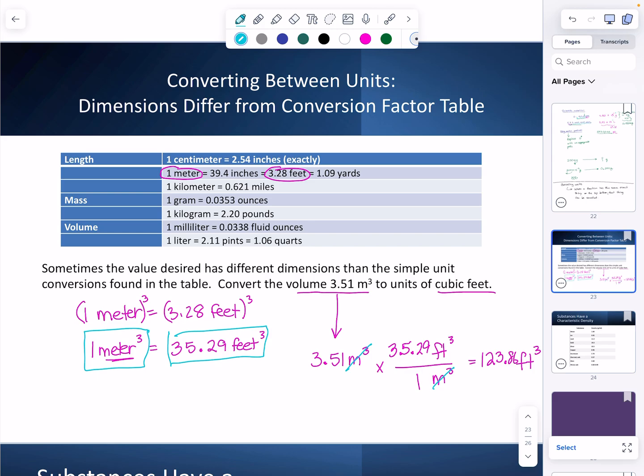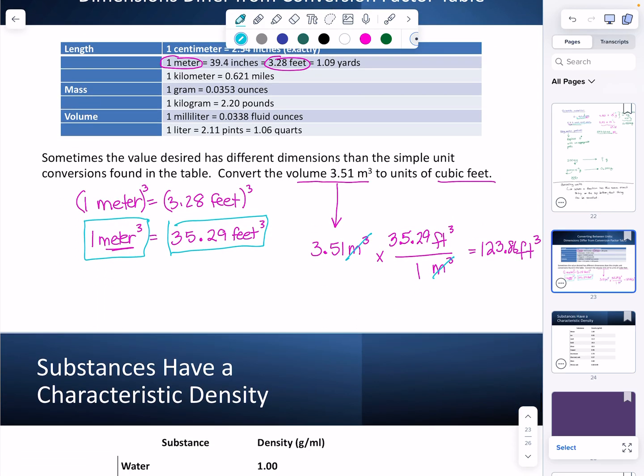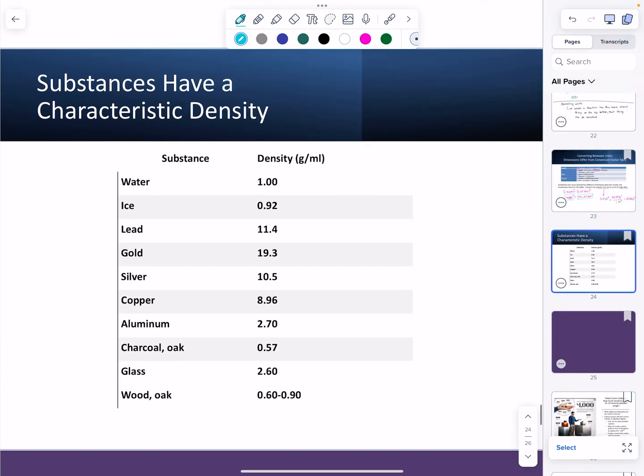So one of the properties that is a characteristic property of matter is that the particles, whether they're atoms or molecules, that make up that material take up a certain amount of space. And the amount of space that they take up on a per particle basis differs based on the material. So if you have a lot of mass concentrated in a small space, we would call that material more dense.